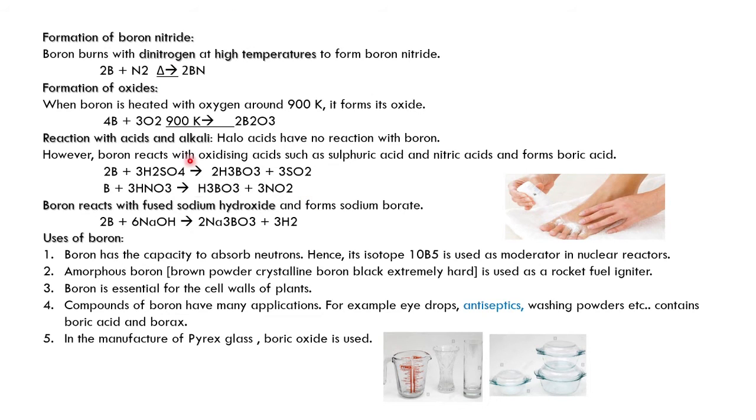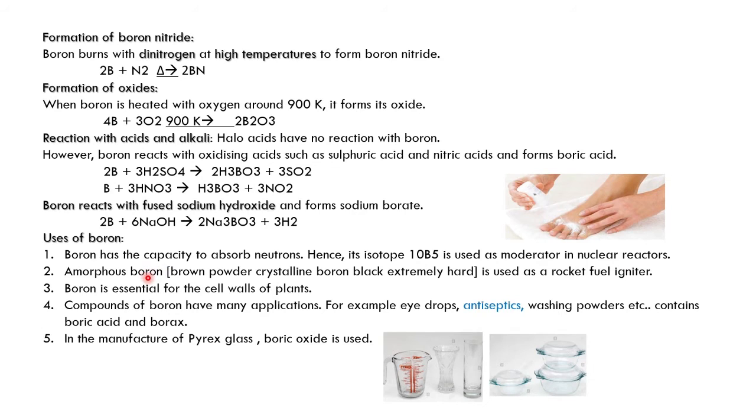Then boron reacts with fused sodium hydroxide and forms sodium borate. Uses of boron: boron has the capacity, as we have seen, to act as a control rod. It can be used as a moderator in nuclear reactors; the isotope 10B5 can be used in nuclear reactors.